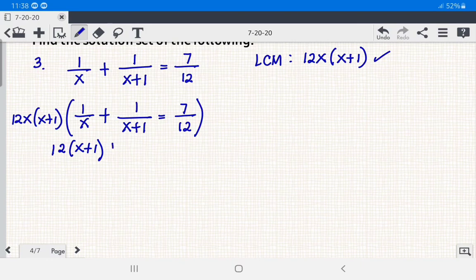Then plus 12x times x plus 1 times 1 over x plus 1. Here we can cancel x plus 1 because x plus 1 divided by x plus 1 is 1. Then we will just multiply 12x, so we have 12x.